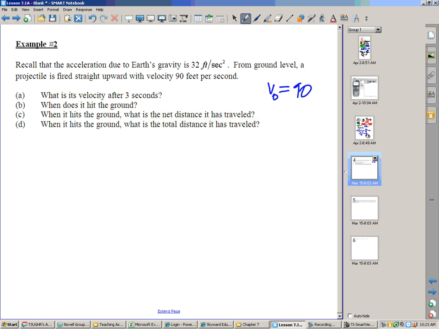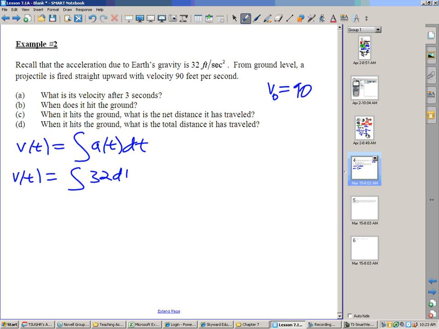To get back to the velocity function from an acceleration, we need to take the antiderivative. So when we look at this situation, it's going to be the antiderivative of 32, which is 32t plus an arbitrary constant.